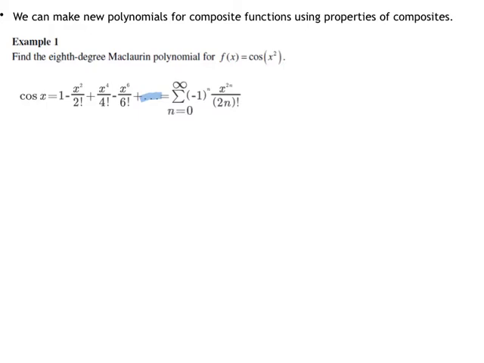But if I want the Maclaurin polynomial for cosine of x squared, I'm just going to make that composition the same way that I would make a composition with any other two functions. So if I have cosine of pi, I plug in pi everywhere for an x. Now I'm doing cosine of x squared, so I'm going to replace all my x's with x squareds. So that would look like this.